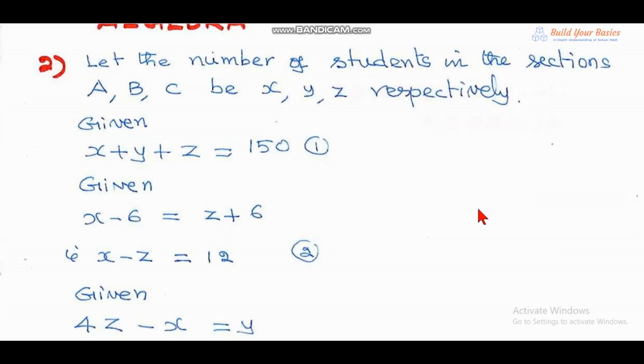If 4 times the number of students of section C exceeds the number of students of section A by the number of students in section B, find the number of students in the 3 sections.